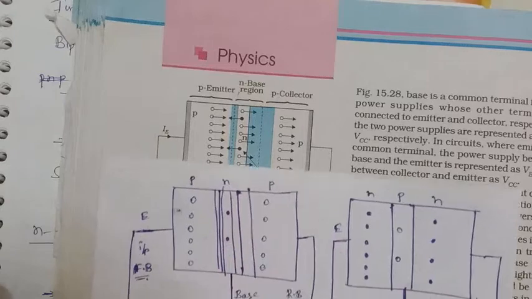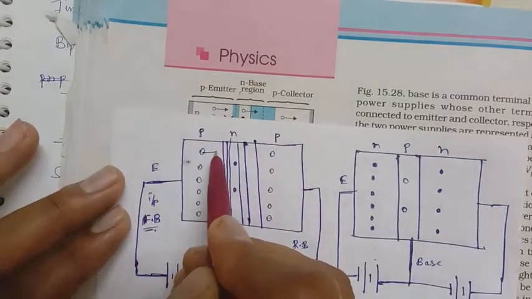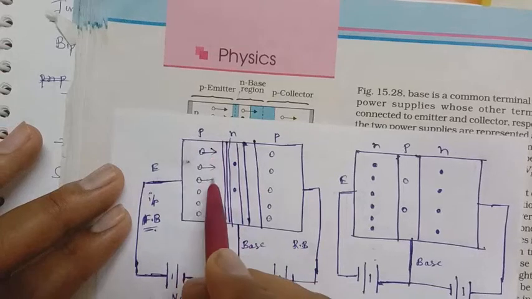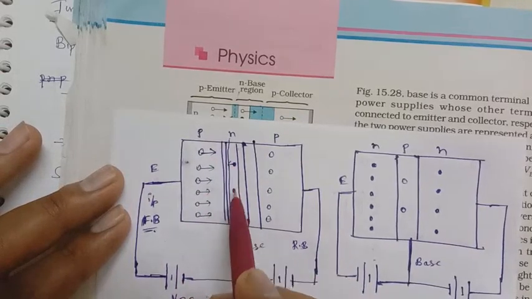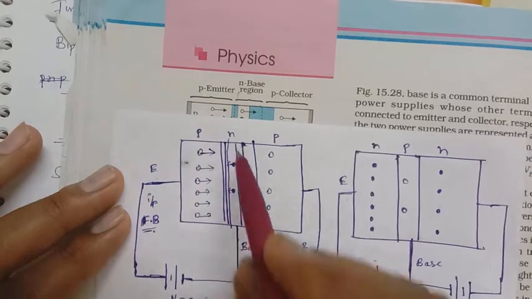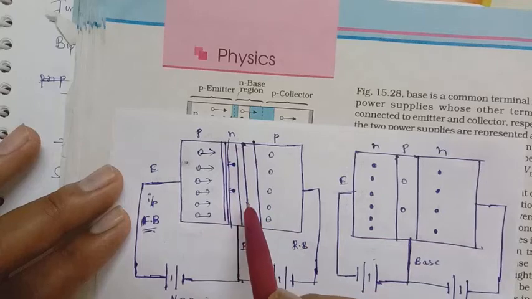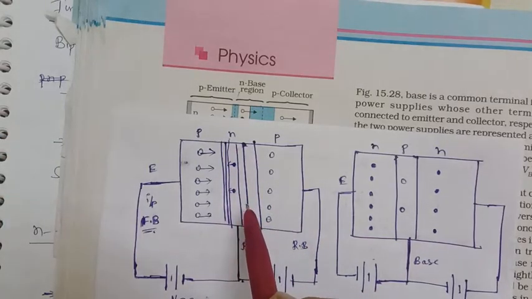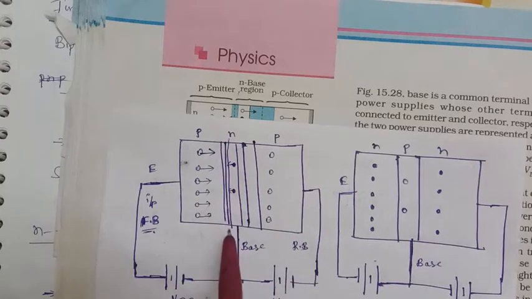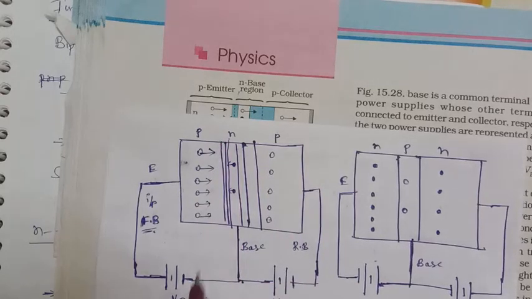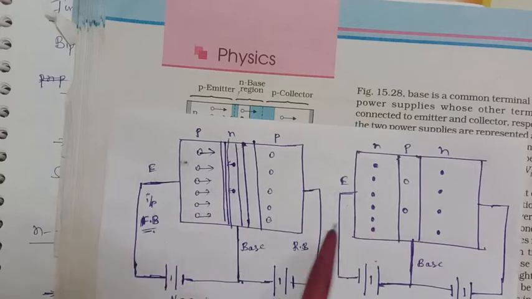In case of forward bias, P is connected to positive, so the holes are moving towards the junction. And here the electrons are moving towards the junction. Why? Because the n-type is light in size and also lightly doped. So the width of this depletion layer is very easy for these holes to break, and these holes come to the p-type.